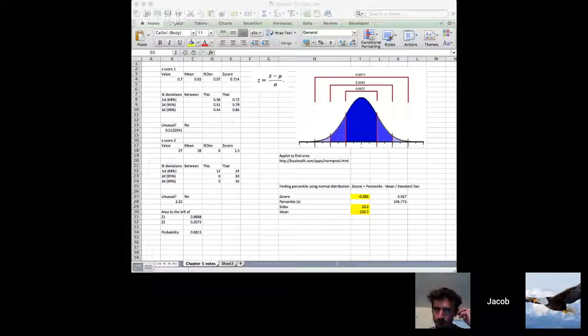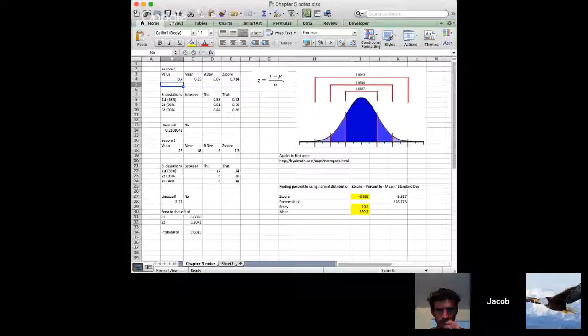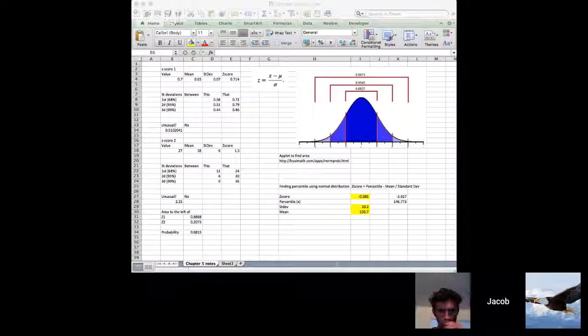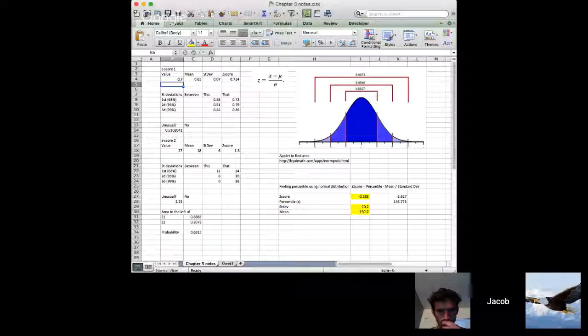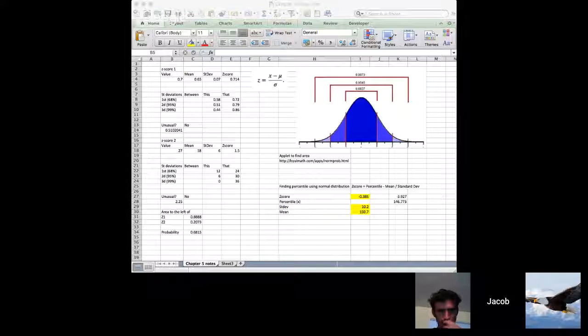70. For a second, let's see here. So 0.7, z-score of 0.714. 7, 6, 2.